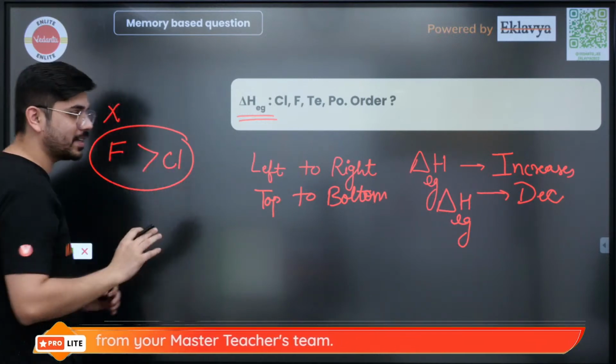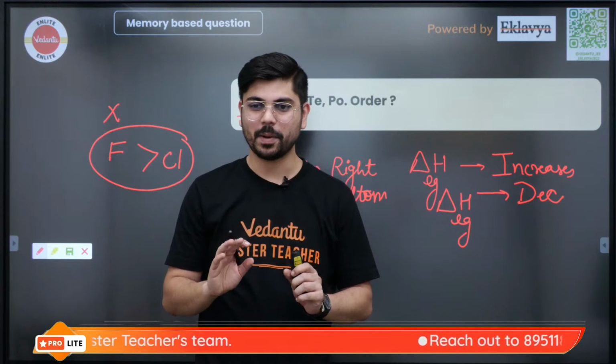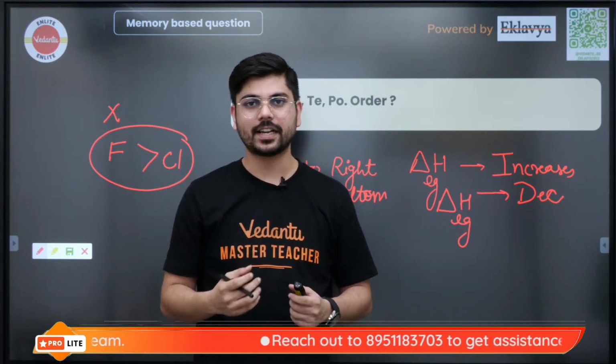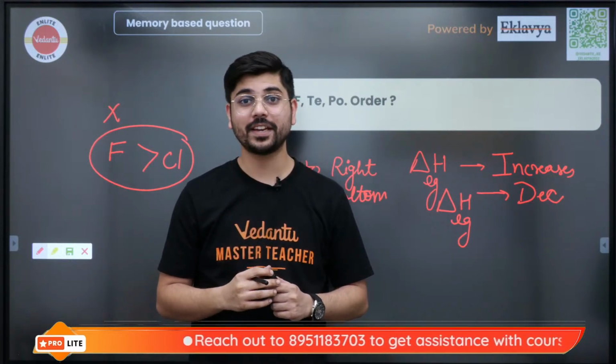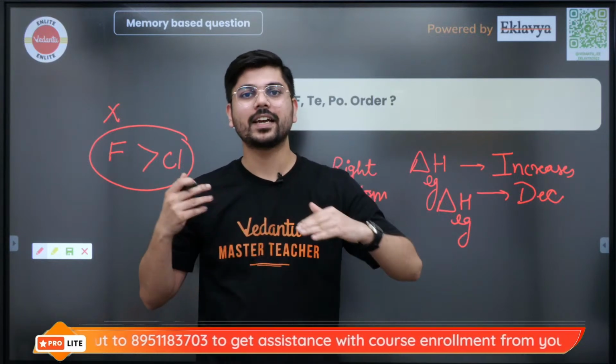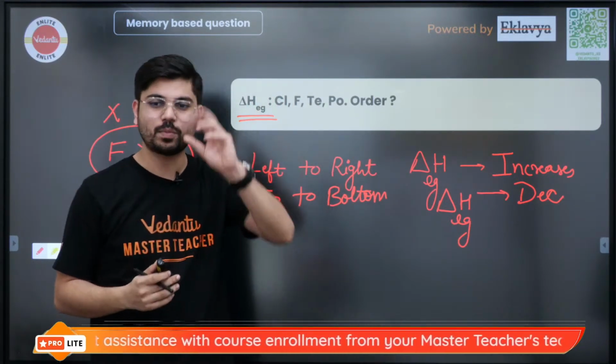This is wrong because there is an exception. Do you guys remember the exception? You remember that chlorine will have the more negative delta H value. The reason is that in fluorine there is electronic repulsion. It does not accept the outer electron because of its small size.